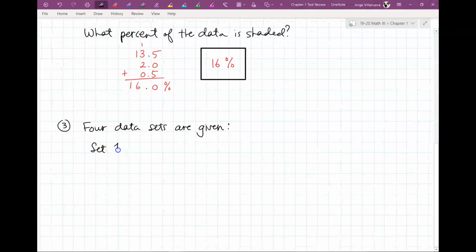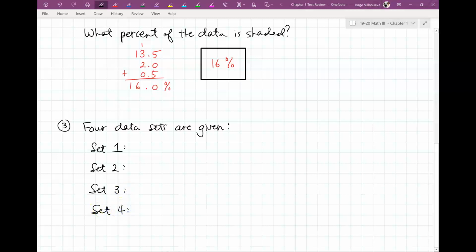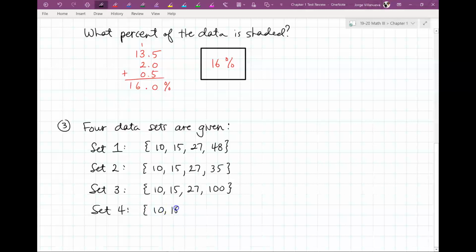Set 1: 10, 15, 27, 48. Set 2: 10, 15, 27, 35. Set 3: 10, 15, 27, 100. And set 4: 10, 15, 27, 42.